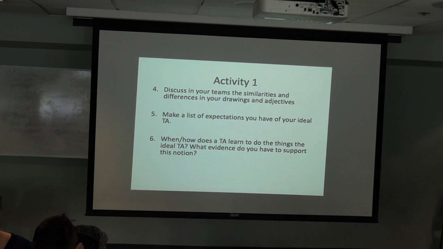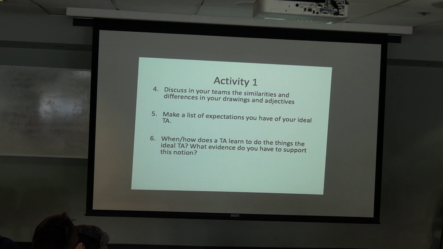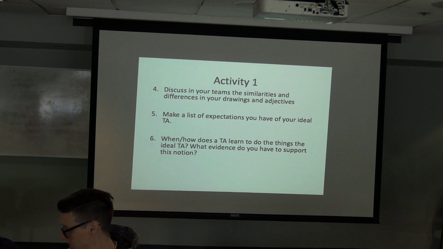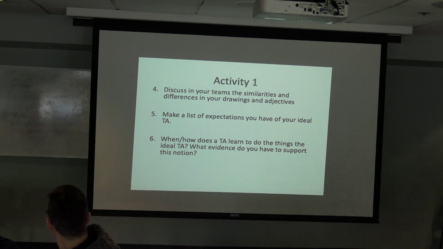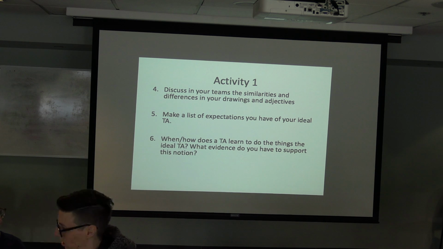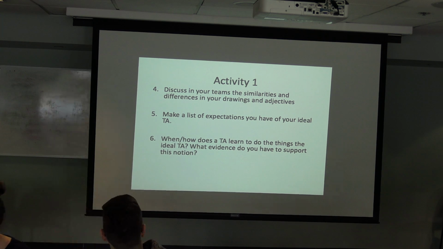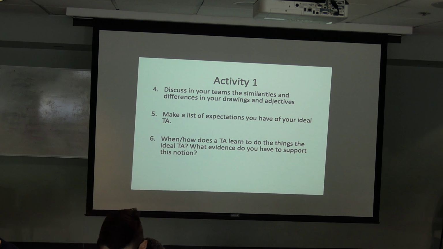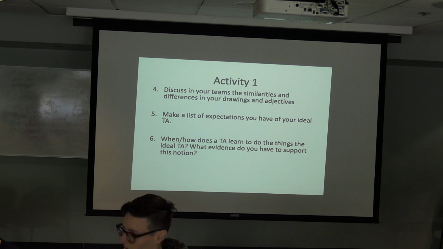It's not necessarily working on your action plan, but this is almost the most important part. All of the drawing is fun, but this is where the rubber meets the road. So when or how does a TA learn to do these things that you expect of them, and what evidence do you have to support your thoughts? Yes? Currently or in our ideal plan when we return? So when or how do your TAs currently learn how to do the things your ideal TA should do? Go forth.